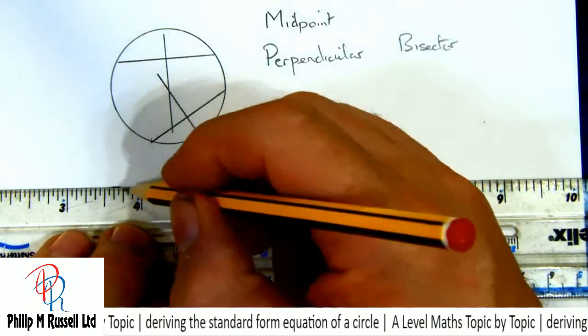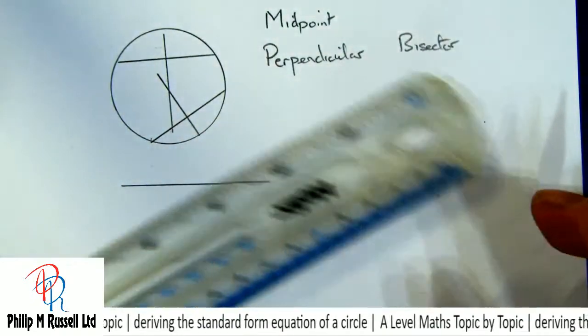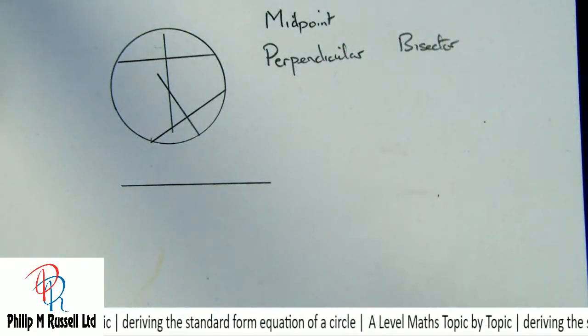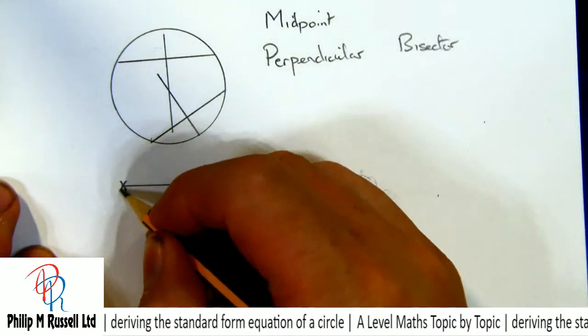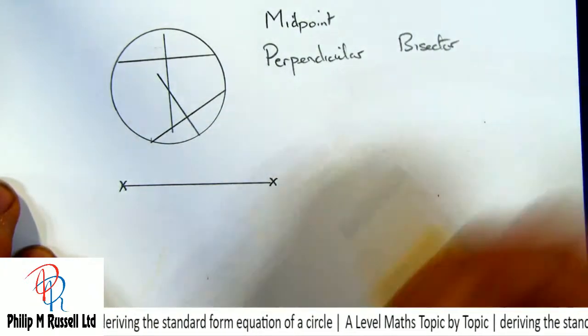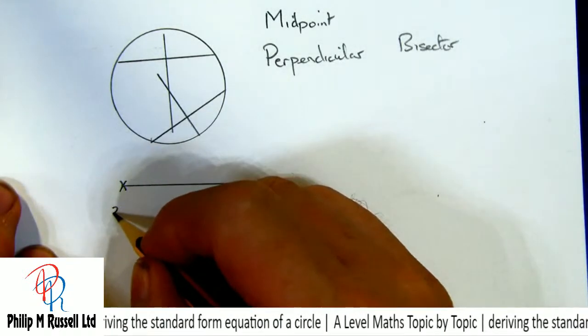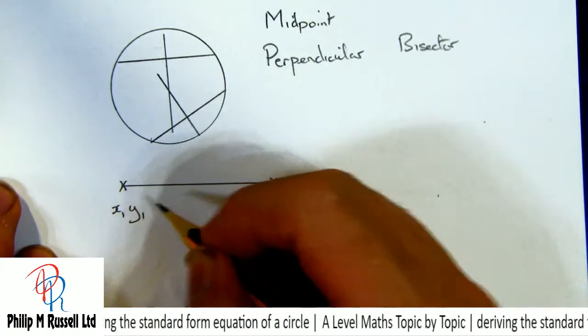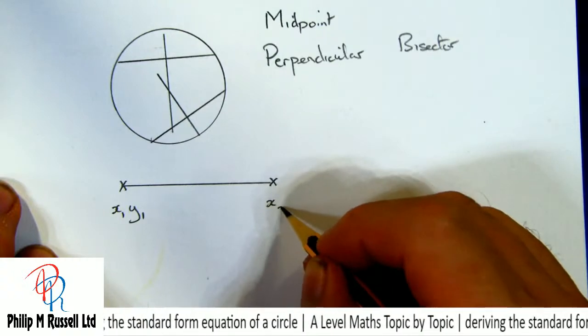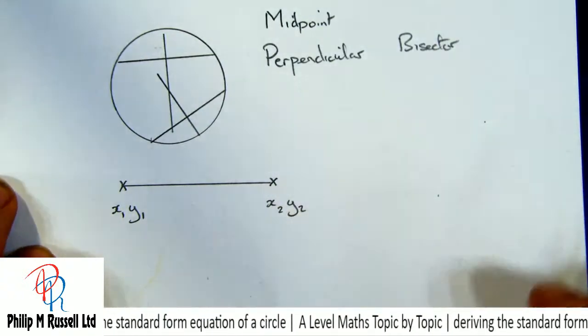So let's suppose I've got any line. We've got basically two coordinates, one at one end, one at the other. We have x1, y1 and x2, y2.